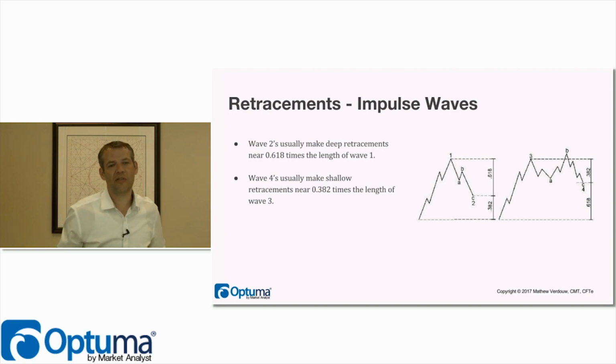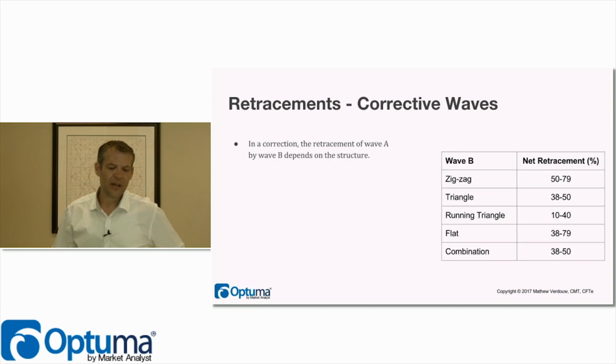So these are things that we can watch. They help with the identification, because if you're trying to label something a wave 2 and it's only made a very small retracement, it's probably not a wave 2. And as I said, that just helps there.